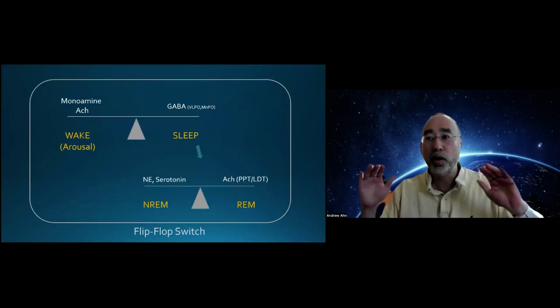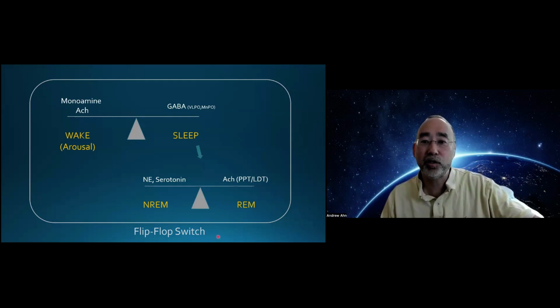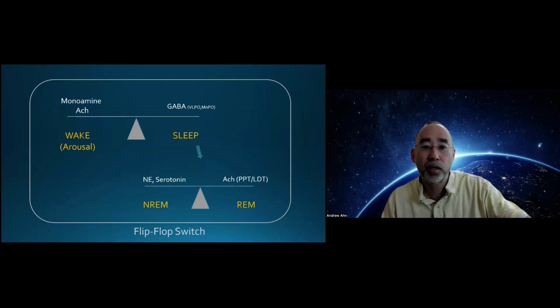So you may be wondering, why am I spending so much time on these neurotransmitter systems and the flip-flop switches? It's because I think it's relevant to how many of the common medications affect sleep and wakefulness. And let me give you some examples of this. On the wake side, we see that monoamine reuptake inhibitors increase monoamine levels, which can enhance alertness but worsen insomnia.